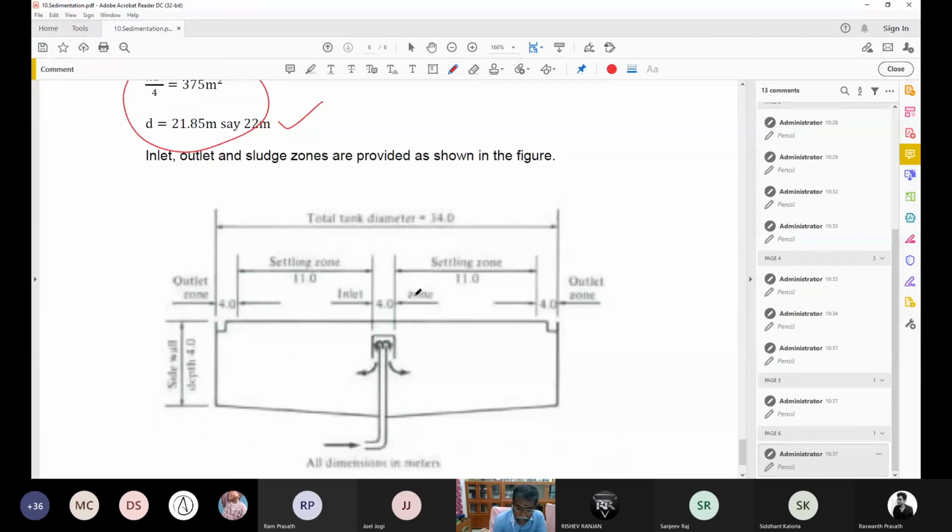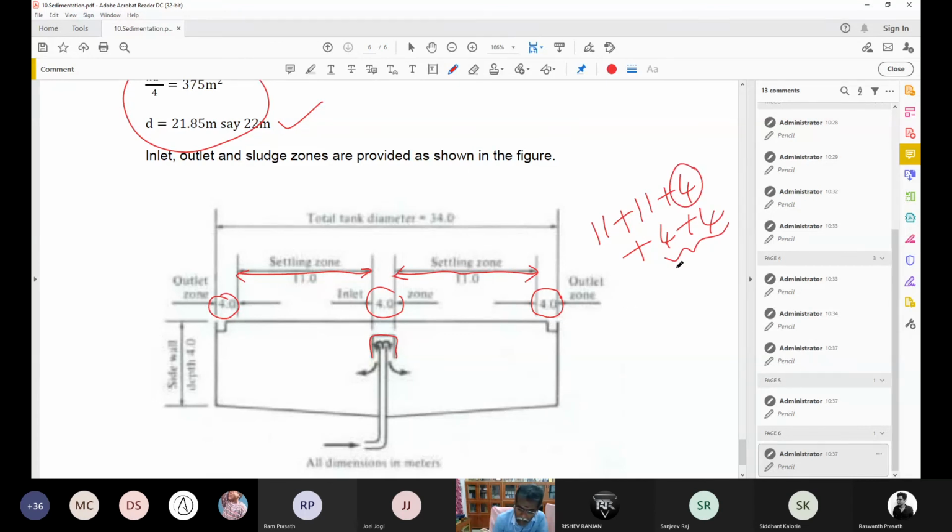Whatever I have designed for 22 is only for settling zone. Please listen carefully. This is 11 meter and this is 11 meter. Then I had to add inlet zone of 4 meter and effluent zone of 4 meters on both the sides. If you add everything together, 11 plus 11 plus 4 plus 4 plus 4, this 4 and 4 is for outlet, this is for your inlet zone.